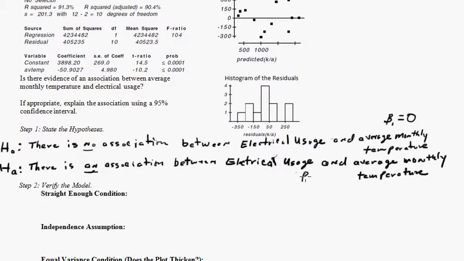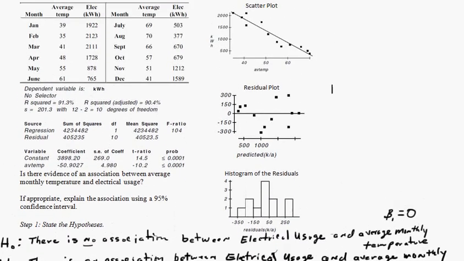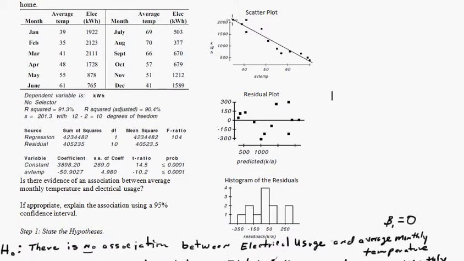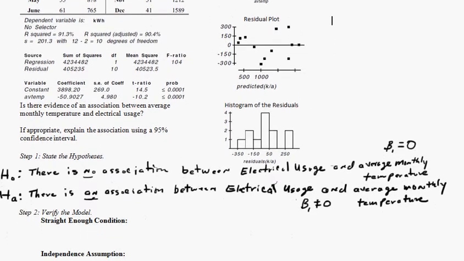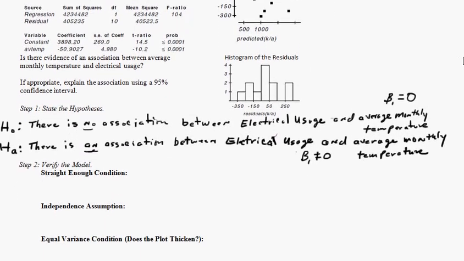So here we would say that beta 1 is not equal to 0. That's kind of what the question is asking. If you say, in this particular case, less than 0, that's probably okay as well, because there is sort of a dramatic decline in electrical usage.